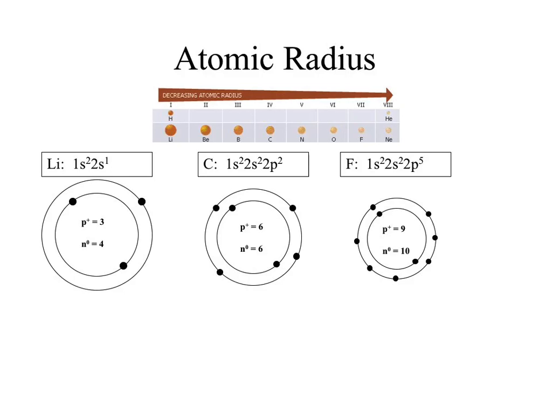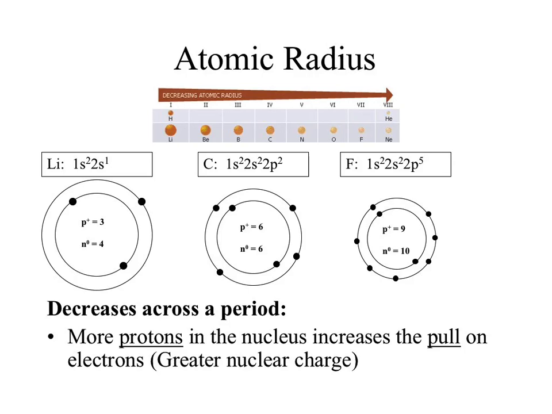So the whole atom is actually tighter. It's smaller. Does that make sense? The more protons you add, without adding any energy levels, the smaller it's going to get, the tighter it's going to get. So it decreases as you go across a row, across a period, because you have more protons. It increases that pull on the electrons, and so the whole atom gets smaller.